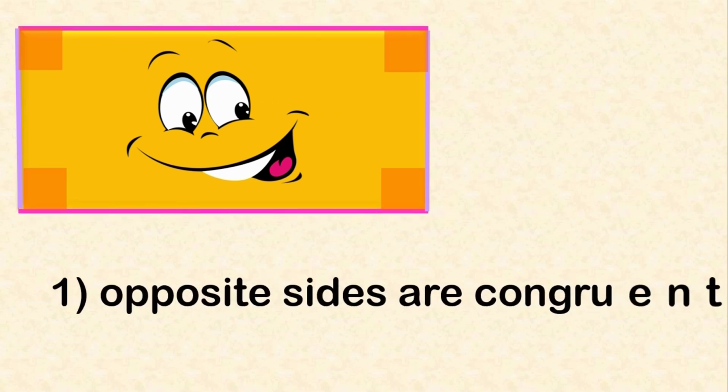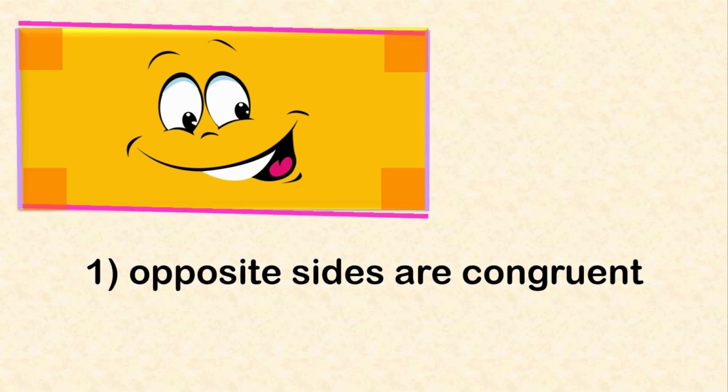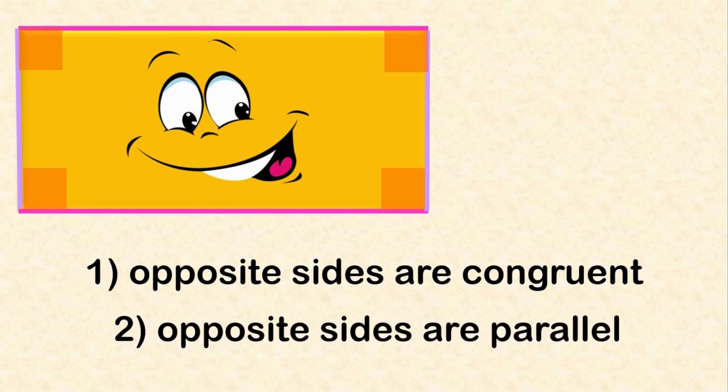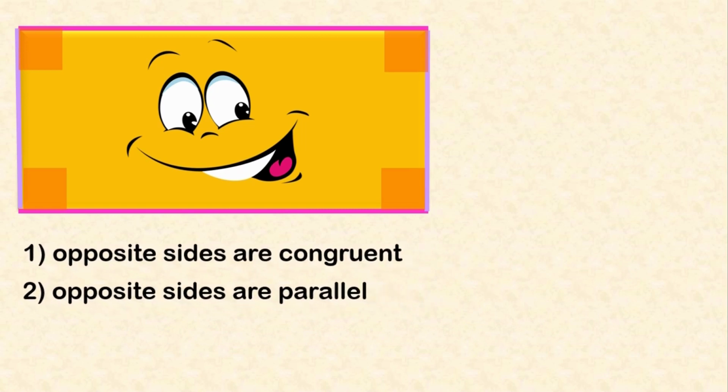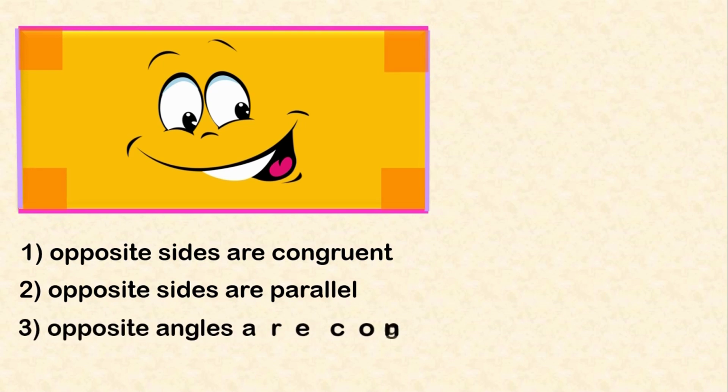So, the first feature of the rectangle is that all angles are 90 degrees. In rectangle, like his father, parallelogram, opposite sides are equal and parallel. And as you see, opposite angles like the parallelogram are equal too. And for the rectangle, angles always are 90 degrees.